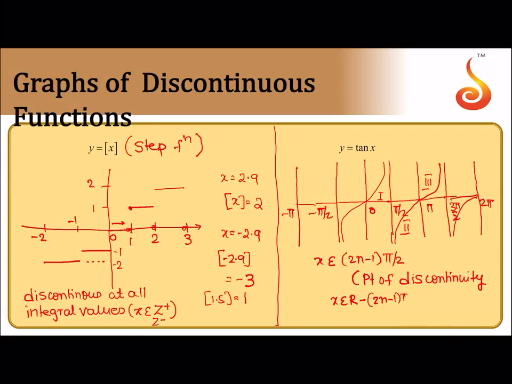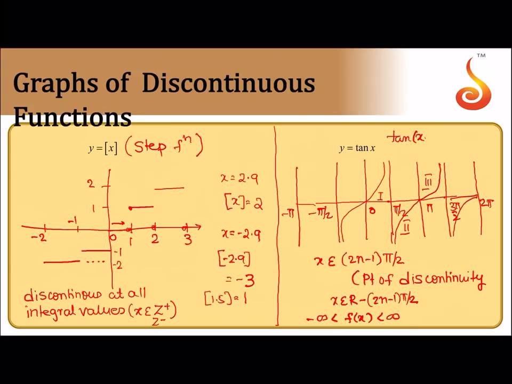Be precise. We remove all numbers (2n minus 1) pi by 2, because as x tends to pi by 2, tan x tends to infinity. The range of f of x lies from minus infinity to plus infinity.